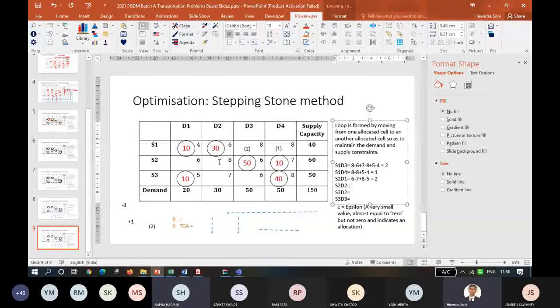One thing becomes clear here: the minute you have more than m plus n minus 1 allocations, your loop forms. Look, we are assuming only one additional allocation here, +1. How many allocations are there now? 1 2 3 4 5 6. So we have a total of 6 allocations. We should have m plus n minus 1, that is 6 only. So 6 allocations are perfect. And the minute I assume an allocation here, I am able to form a loop and it will get optimized further.